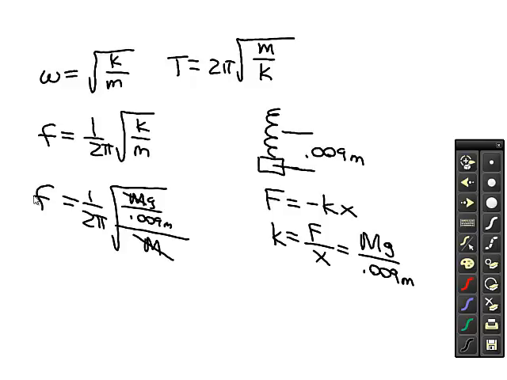Number 8 is a 0.2 kilogram mass attached to a spring whose spring constant is 500 newtons per meter, executes simple harmonic motion with an amplitude of 0.1 meters. Its maximum speed is. All right.